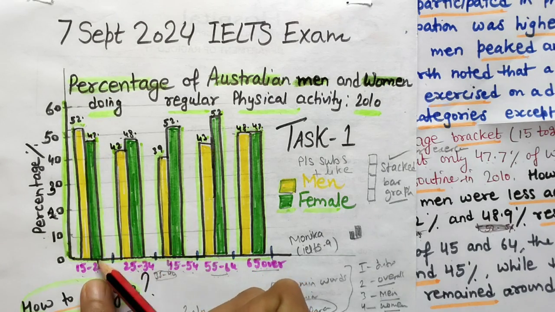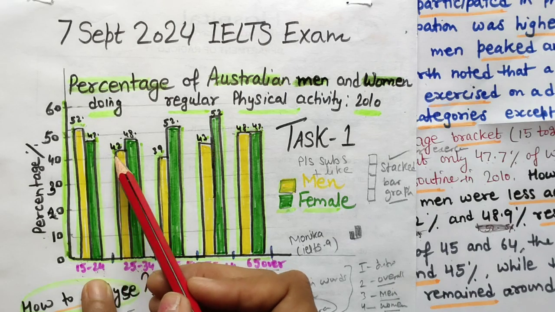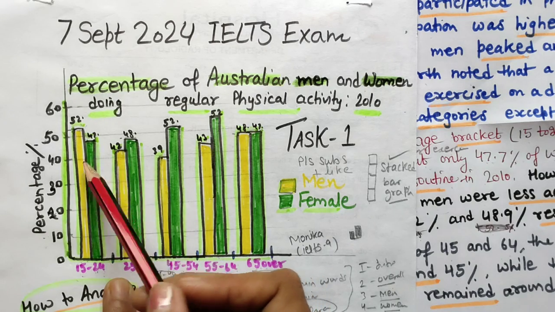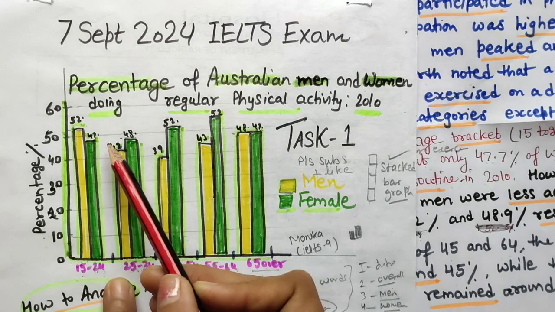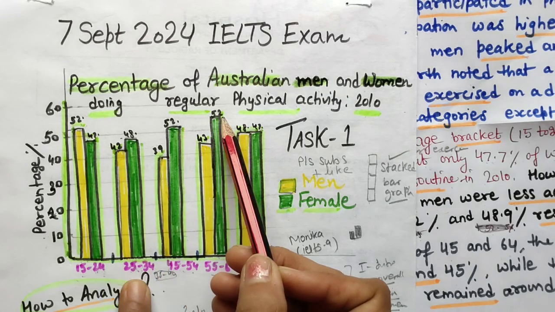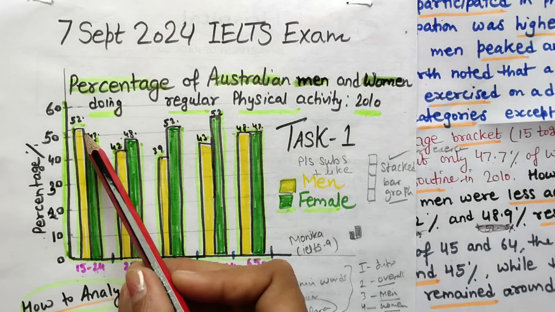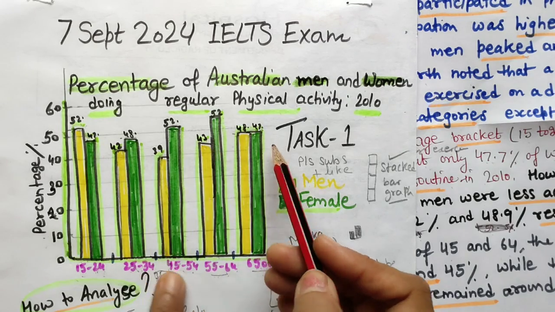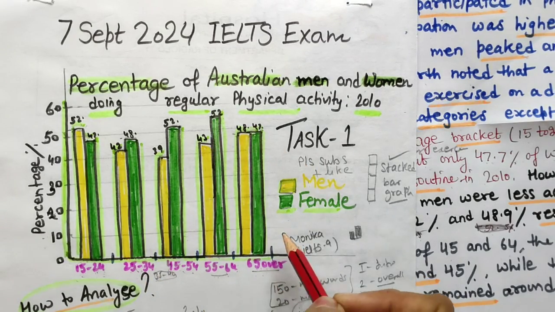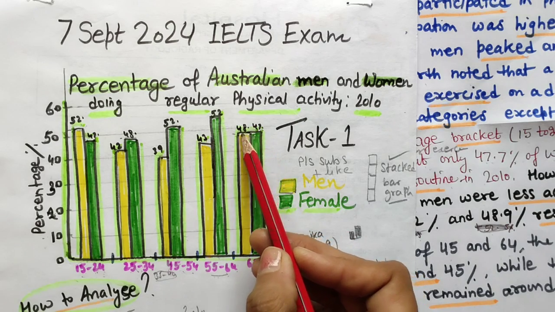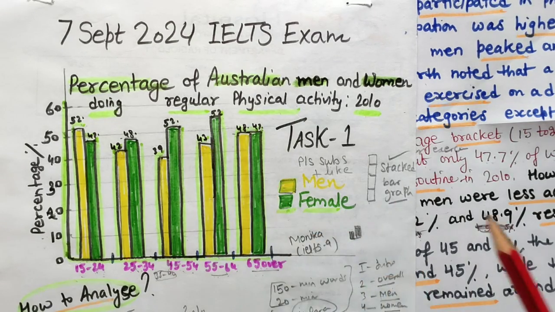Earlier, in the younger age groups, men were more active as compared to women, but as the age group increases, women were progressing in their physical exercise, taking more interest in these exercises, and men were taking less exercise. But at the final age group, the 65 plus, they have taken the same interest in doing these physical exercises.